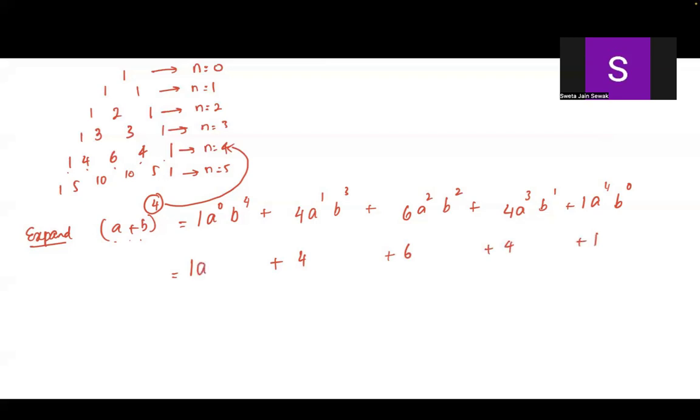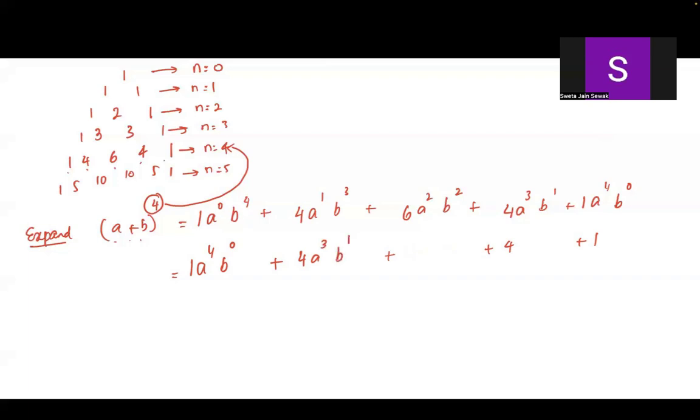And a to the power 4, b to the power 0, a to the power 3, b to the power 1, a to the power 2, b to the power 2. Sorry, I need to rectify this. So here the power of a is decreasing and the power of b is increasing.